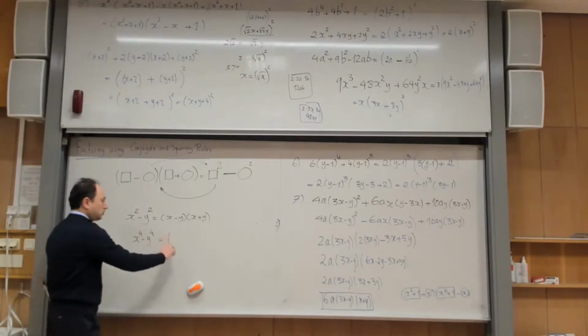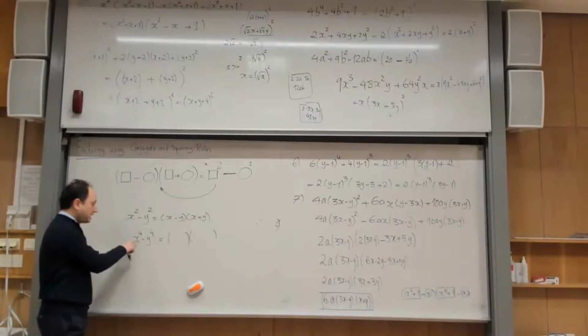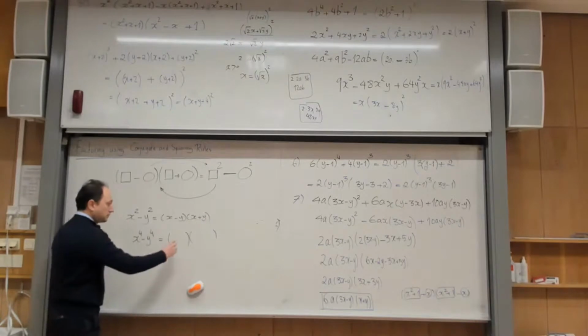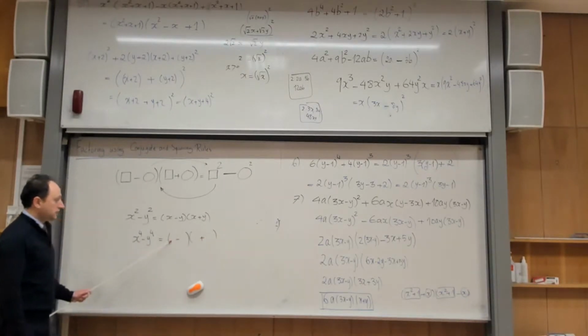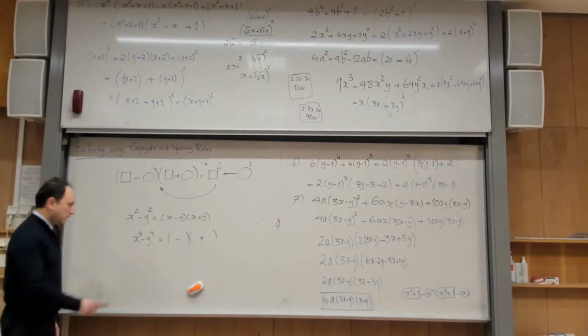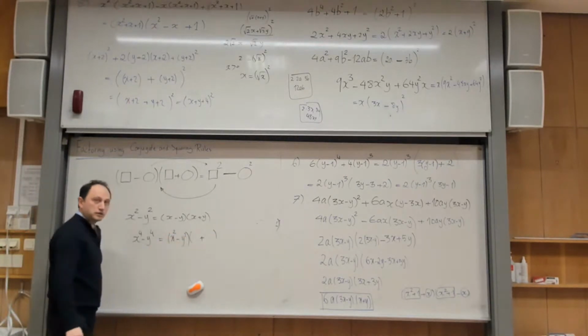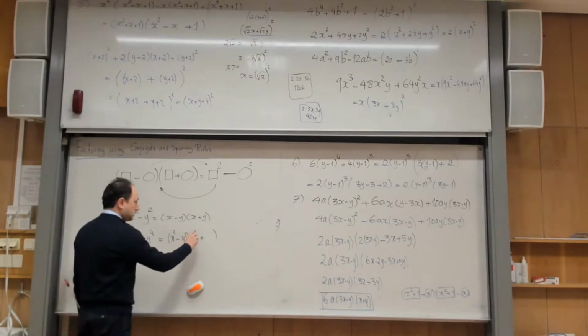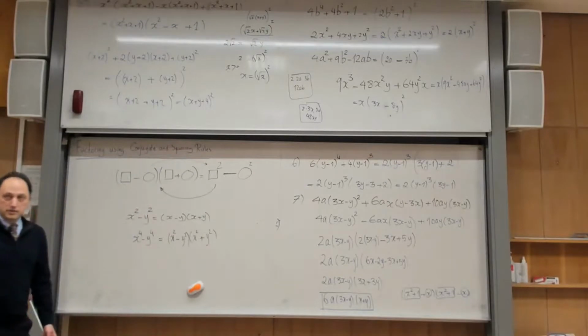What should I write? I open two pairs of brackets because as soon as I detect this is the conjugate pattern, I do this. I put minus in one of them, positive in the other one. So what can I write here and there? X squared minus y squared. And then the other one is, but is the problem finalized?